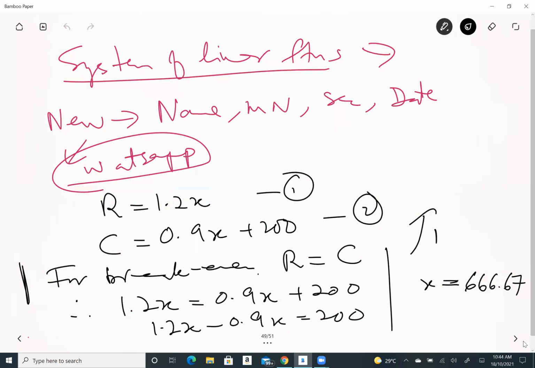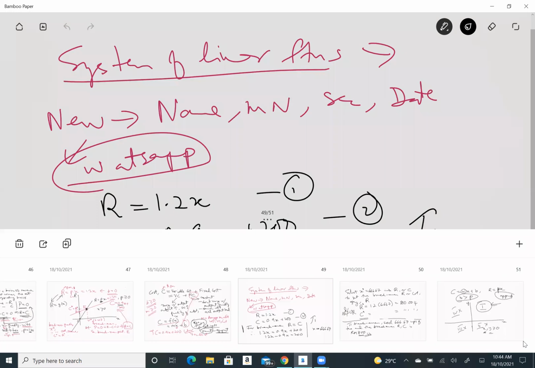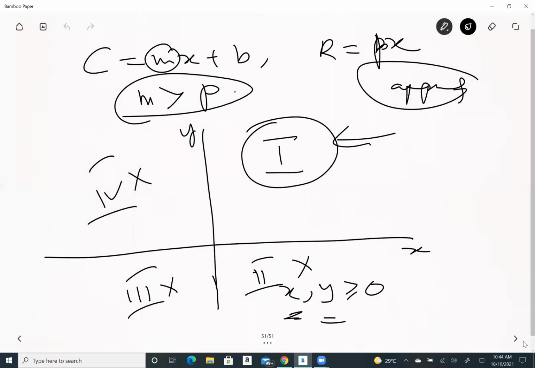There are a few things that I need to discuss. This one, the concept of the slope. Here, the slope of the revenue and the slope of the cost. Now you look at the revenue, R equal to PX.